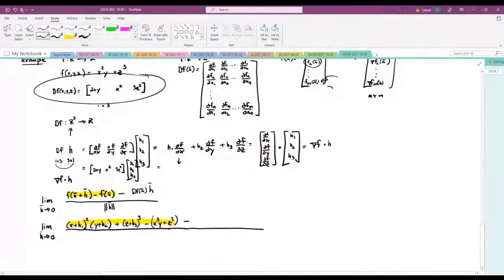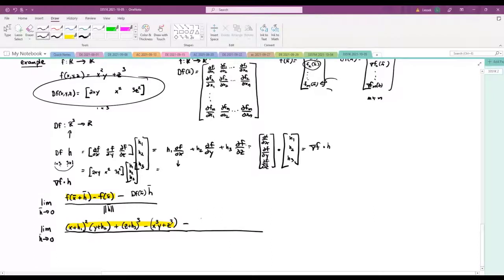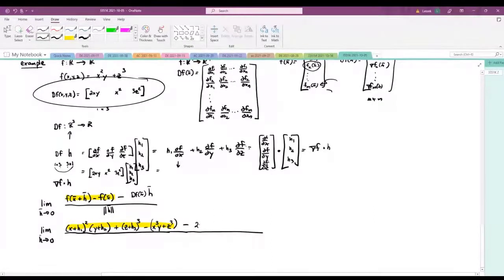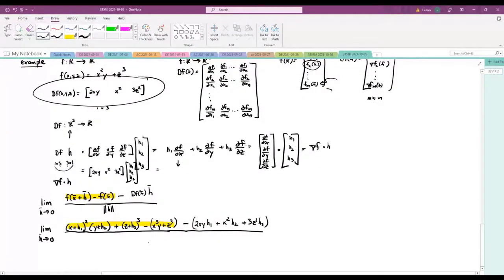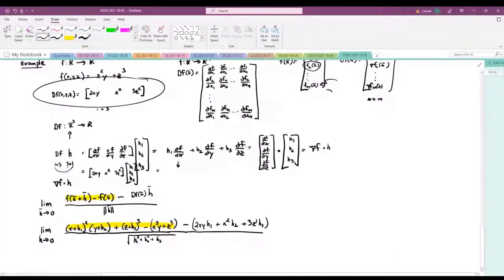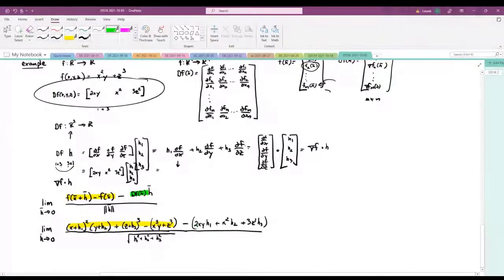When you multiply that out, you get 2xy times h1, x squared times h2, 3z squared h3. Okay, and then the norm of h there is just the regular old Euclidean norm. So this part is here.